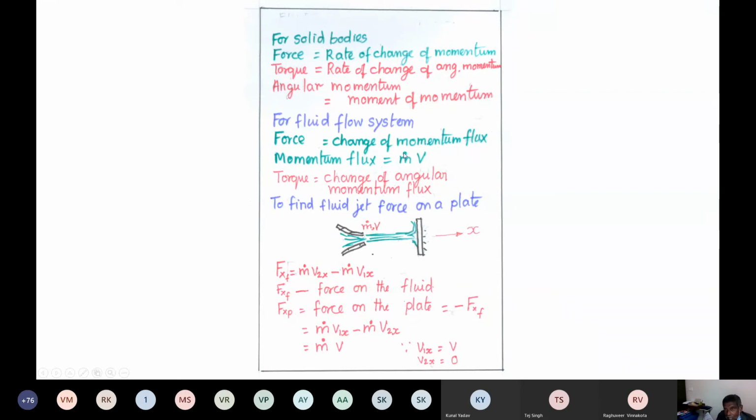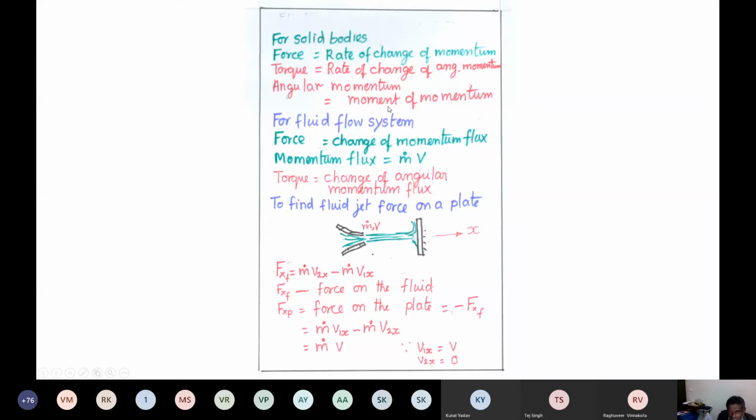Here that dt is combined with the mass, so that I have m dot into v. So for torque, a similar expression is torque is equal to change of angular momentum flux. Okay, we'll come to that.